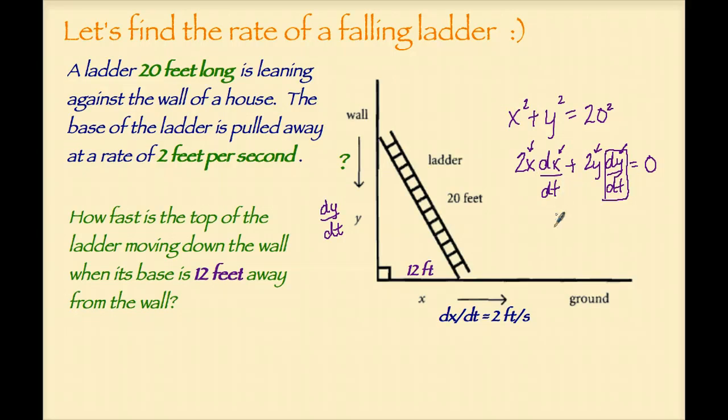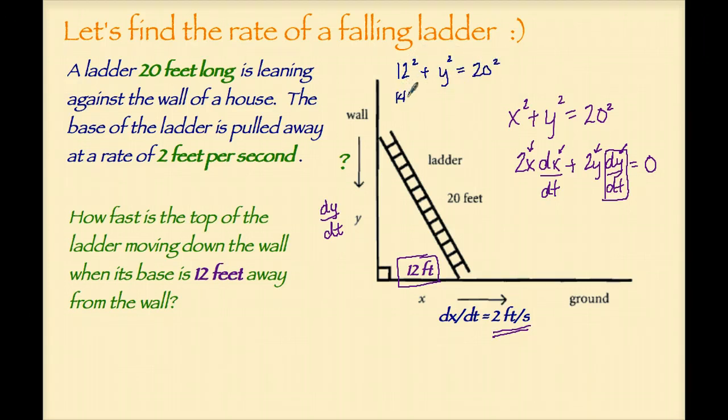Let's go back to the problem and see what we were given. We do have dx dt, we do have x, but we don't have y. Fortunately, we can use the Pythagorean theorem to solve for y. In this problem, we have x, which is 12. We square that, plus y squared equals 20 squared.